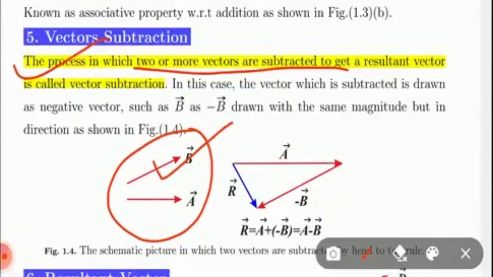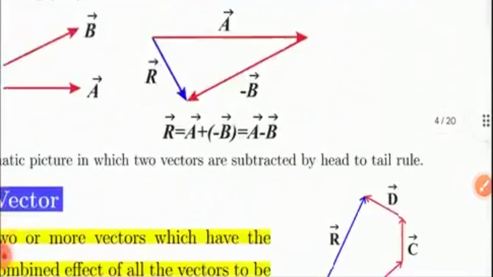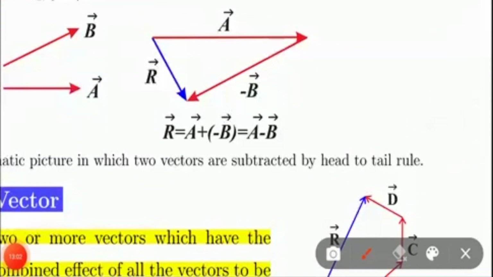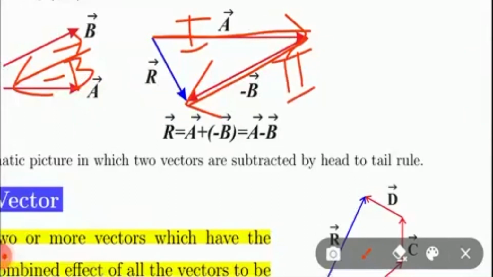If we want to add the vector A and B by using head to tail rule, so we can see in this diagram over here, you will see that this is a vector A and there is a vector minus B opposite to the direction of this vector B. The magnitude will remain the same, but the direction is opposite to the vector B. And we choose a vector A as a first vector, and the minus B is chosen as the second vector.